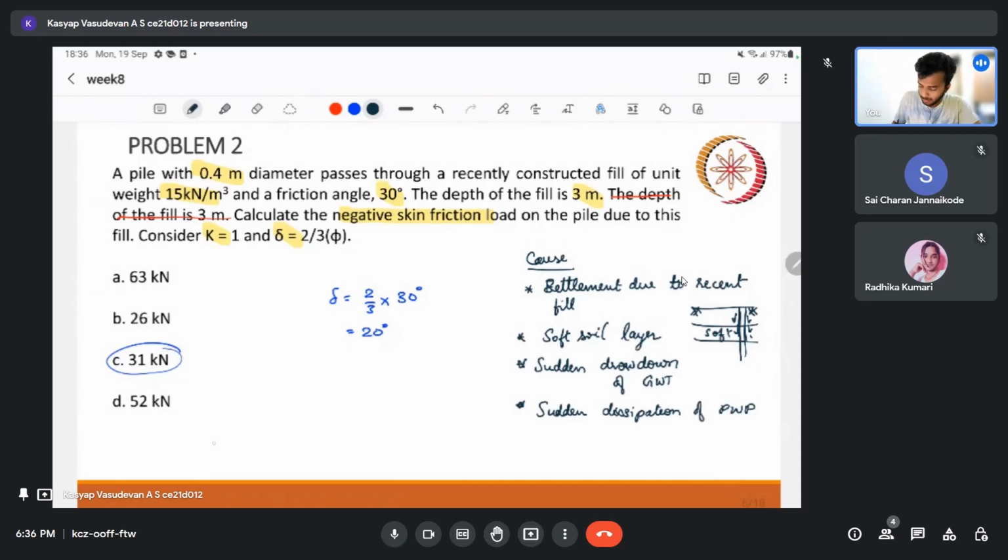There is a famous remedy for this. To avoid this, we can stop the contact between the soil layer which is causing this negative skin friction, so that it doesn't contribute. So we can apply a bitumen layer, or emulsion. There are certain emulsions which can reduce this skin friction. Apply the emulsion layer only for those layers which are contributing to negative skin friction, because that's what we want to reduce.